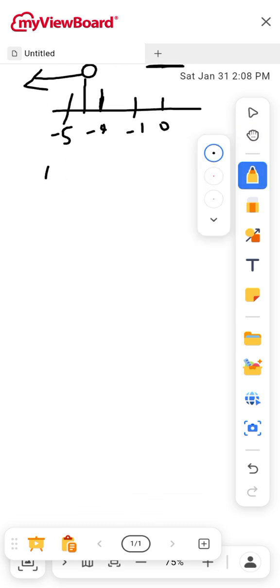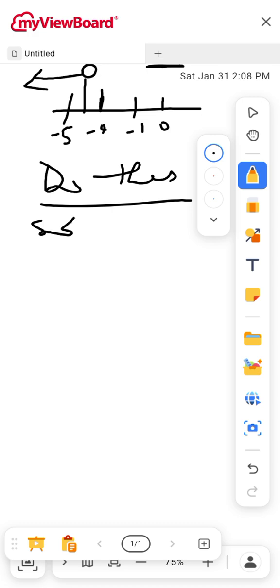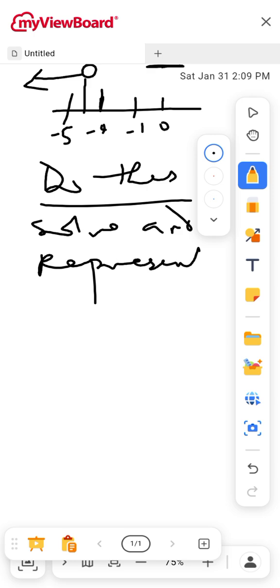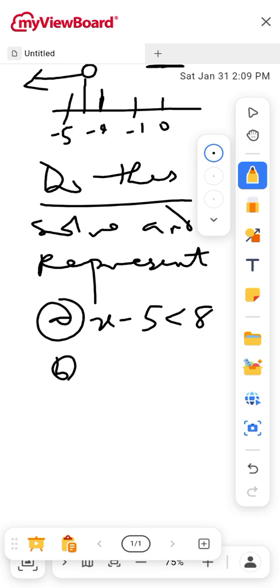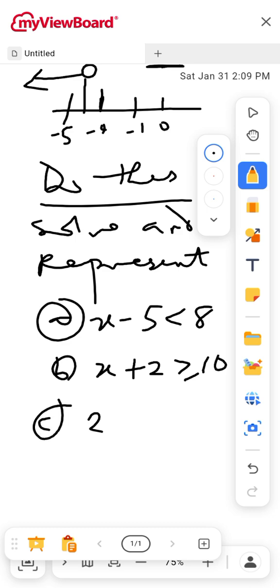So if you understood this, I want you to do this. Solve and represent. A, x minus 5 less than 8. B, x plus 2 greater than or equal to 10. C, 2x less than 8.